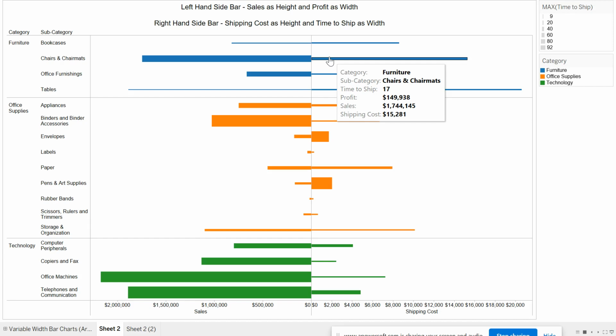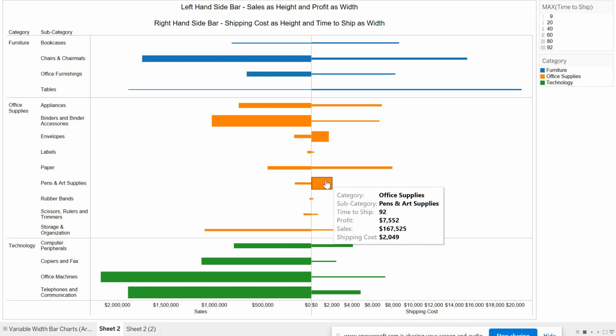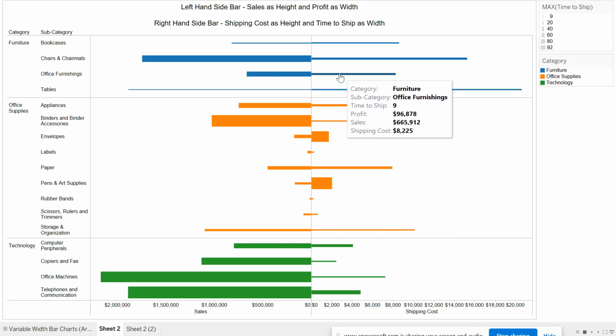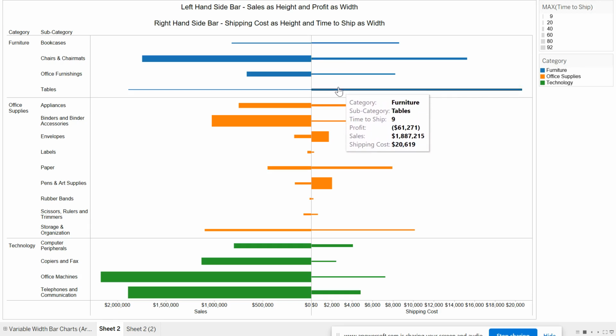And also we categorize with the colors blue, orange, and green. And you can see the number of days. We can see 92 is the maximum number of days to ship for a particular product. So 92 is this one, time to ship is 92. And you can see the minimum time to ship, that is 9. You can see these are all the bars. You can see it took 9 days actually.